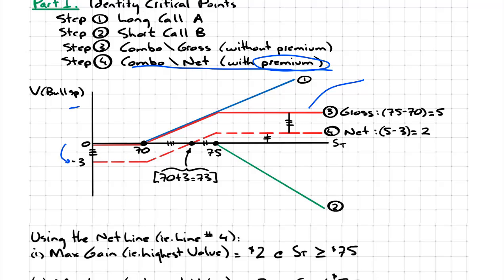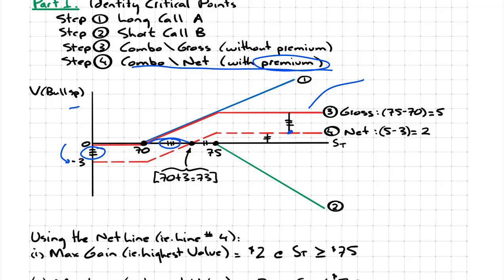But you have to remember that the distance between the solid red line and the dashed red line throughout is consistent because it's represented by the premium. So wherever you see a solid red line and a dashed red line, the gap is always 3.